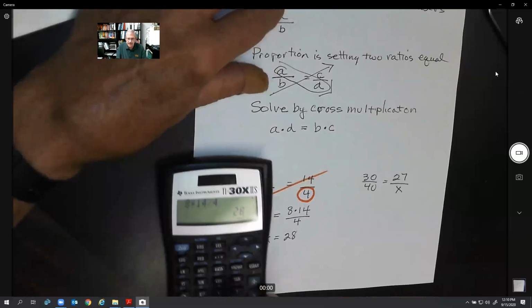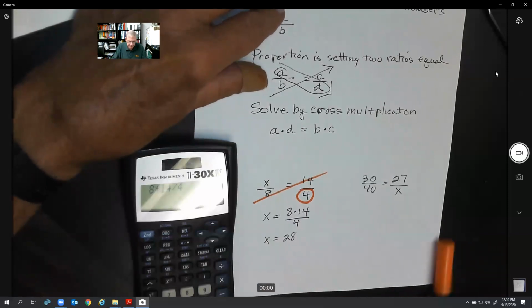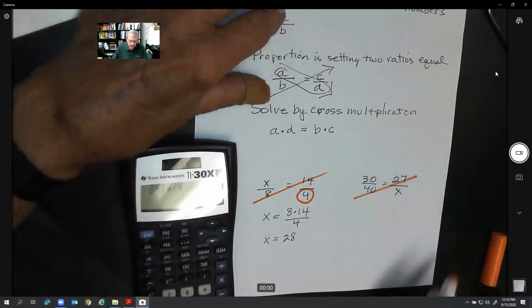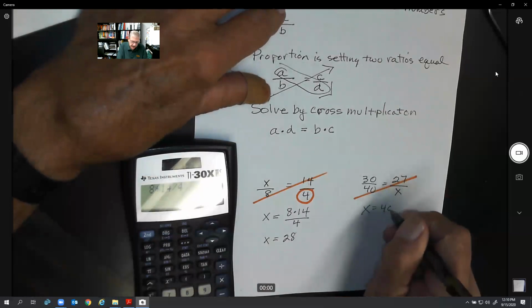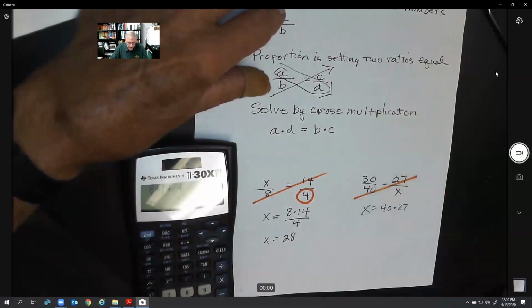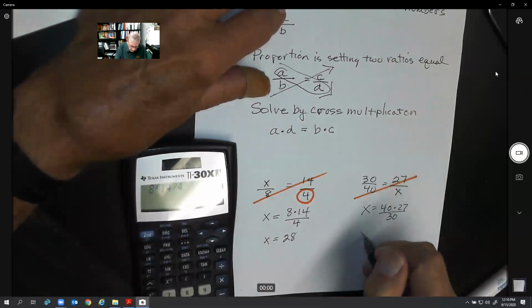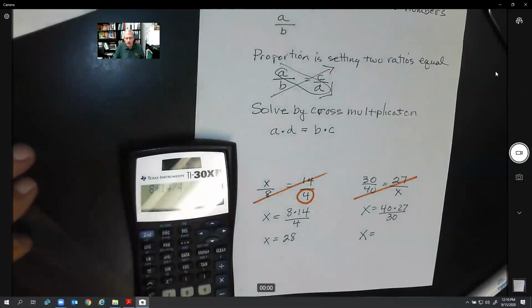Okay, let's look at this second example. Here X is in the denominator, but it really doesn't matter. We're going to multiply two numbers that are diagonal, X equals, and I like to write this down so I know what I'm doing, and divide by the number that's left. Somebody told me a long time ago, I think it was my father, to let the paper and the pencil do the work.